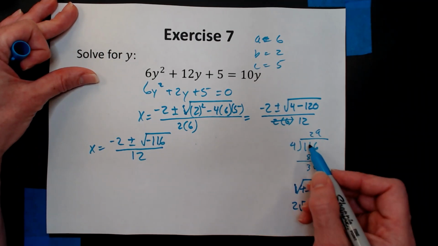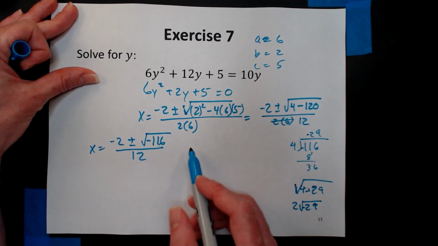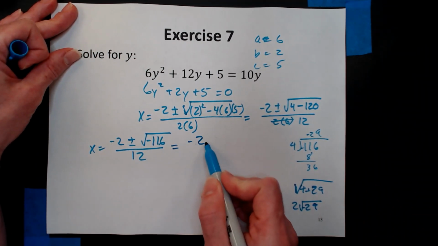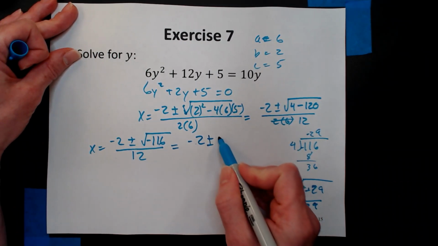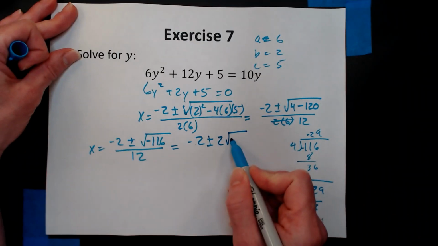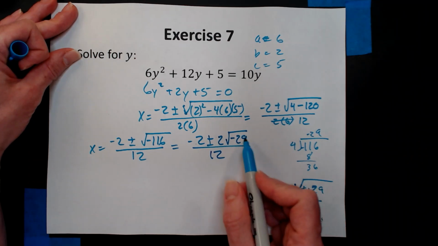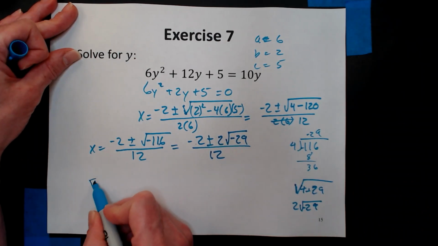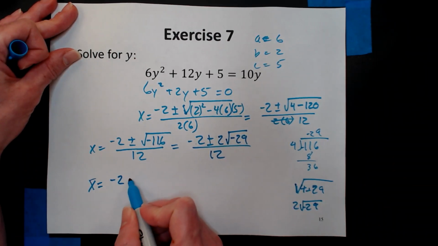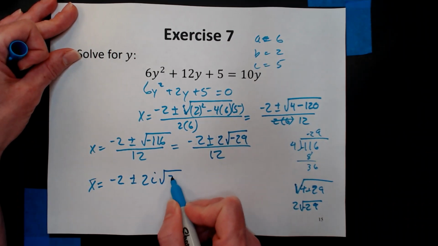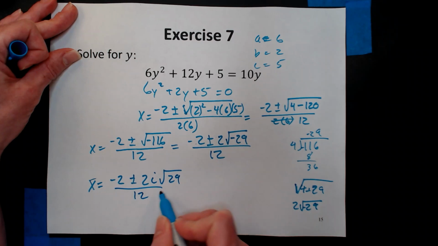And once again, this is negative 29. So what we get here is 2 factored out, and we have that negative 29 on the inside. We can't leave that as negative 29. That's going to be an imaginary number: 2i square root of 29 over 12.